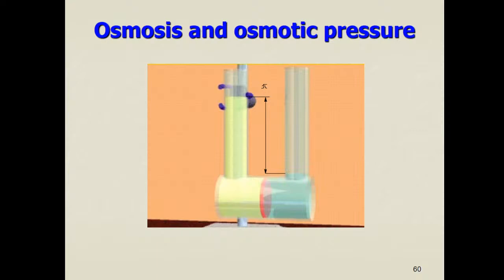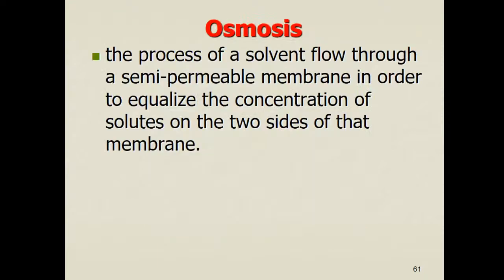And last, but as I told you, not least, it's osmotic pressure. To understand what osmotic pressure, symbol pi, is, we need to understand what osmosis is first. Osmosis is a process of solvent flow through a semi-permeable membrane in order to equalize the concentration of solute on the two sides of that membrane.